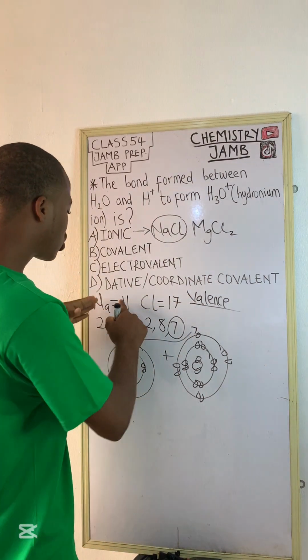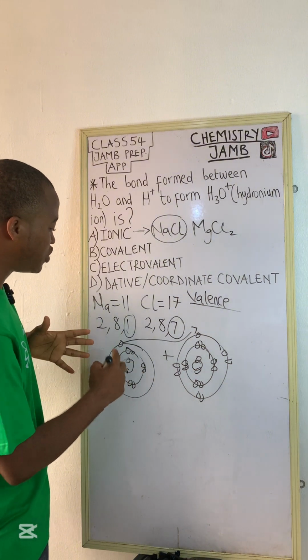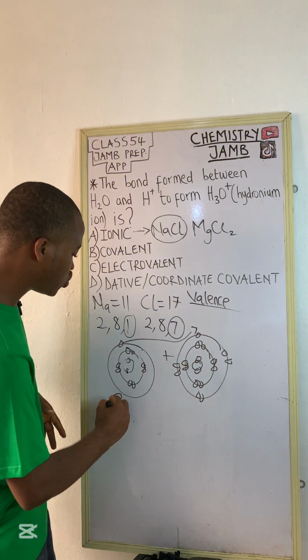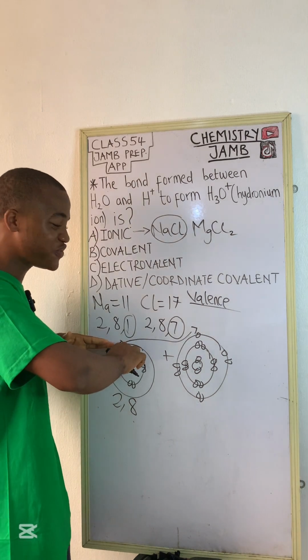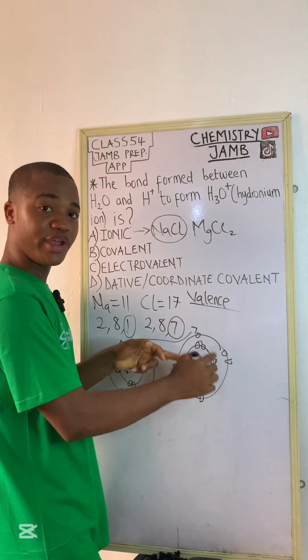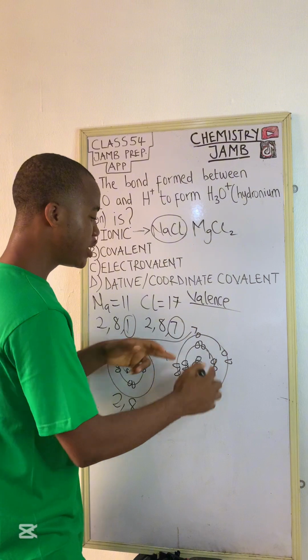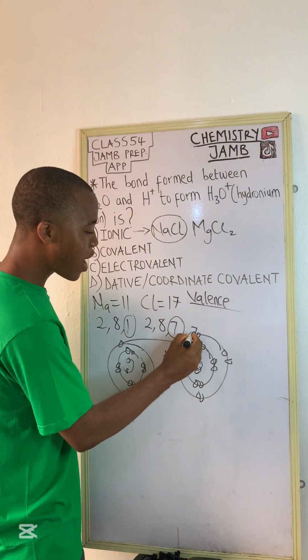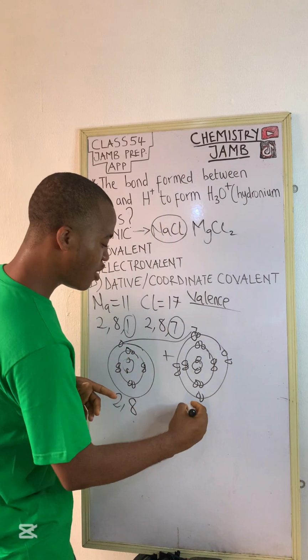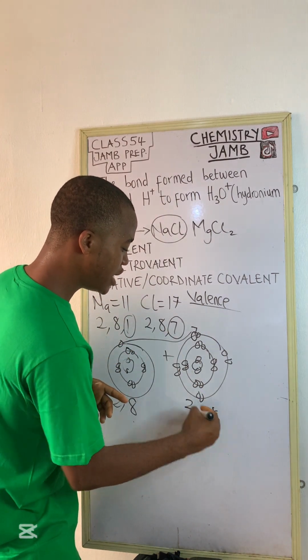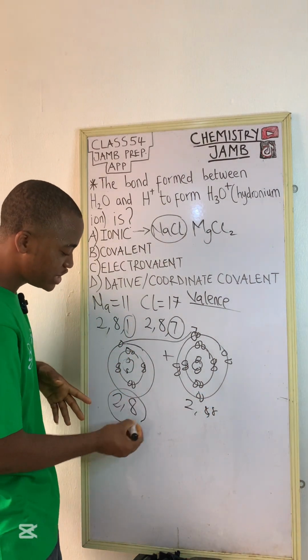So now, our sodium, which was 2, 8, 1, will now turn to 2, 8 because it will lose this 1 electron, or it will completely transfer it to chlorine. And if it transfers it to chlorine, chlorine will then have 1 more electron here, which will make chlorine attain octet. And then chlorine will now become something like 2, 8, 8. You understand? So both of them have achieved their aim.